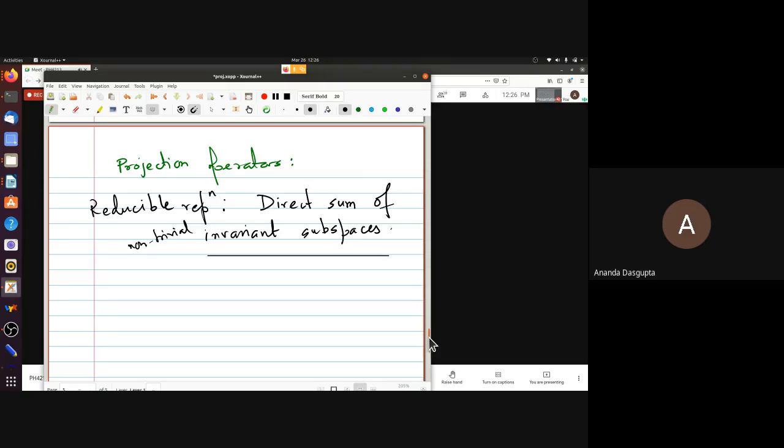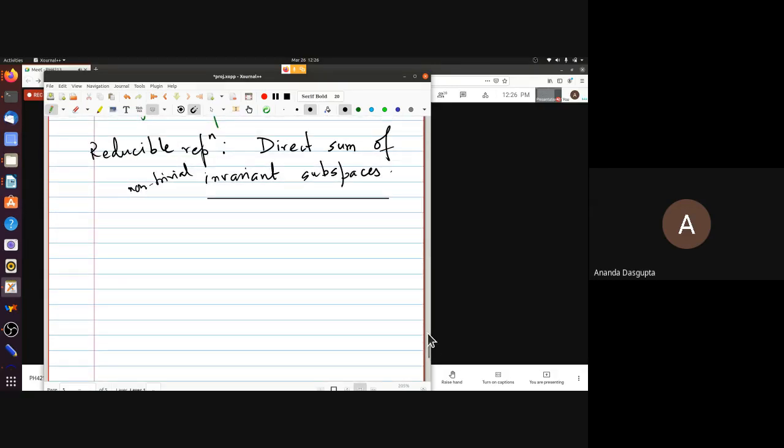I hope everybody remembers what this means. And a consequence of this is any vector small v belonging to our vector space can be written down as, say, v1 plus v2 plus and so on. Many vectors where v1 is in one of the invariant subspaces, v2 is in another invariant subspace, v3 is in another invariant subspace, and so on.